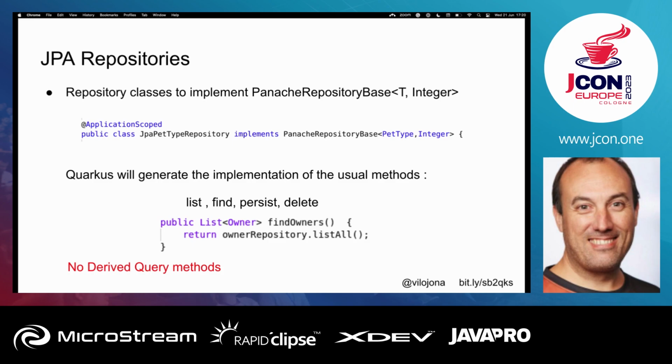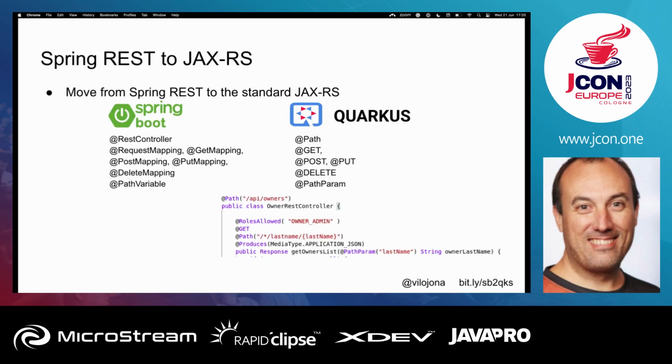Just implement this interface, and we will have the usual methods to interact with entities. But there's a drawback. There are no derived query methods. So those methods, find by name and age, that internally are generated into queries, are not available.